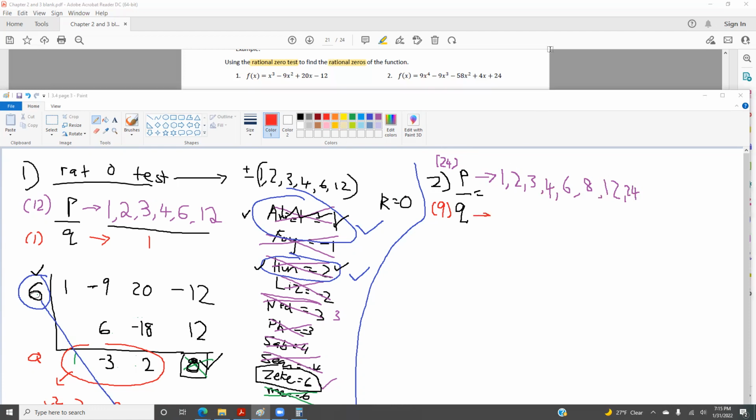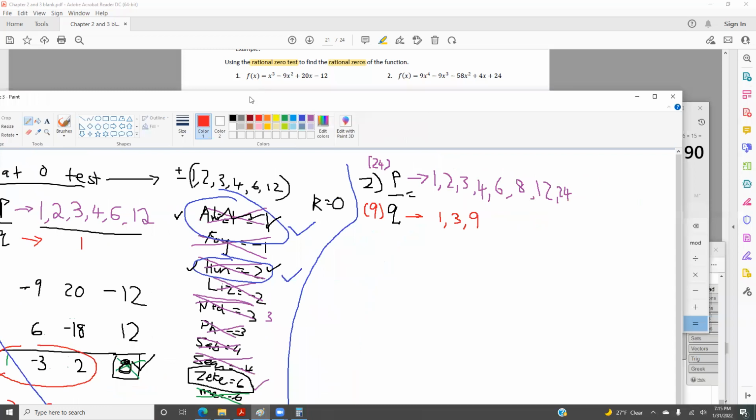Can someone tell me the factors of 9? P is from the equation here. 24 is the last constant term, and 9 is the first term. See that? 24 and 9. Always 24 is the constant, 9 is the leading coefficient. Factors of 9, anyone? 1, 3, and 9, right?